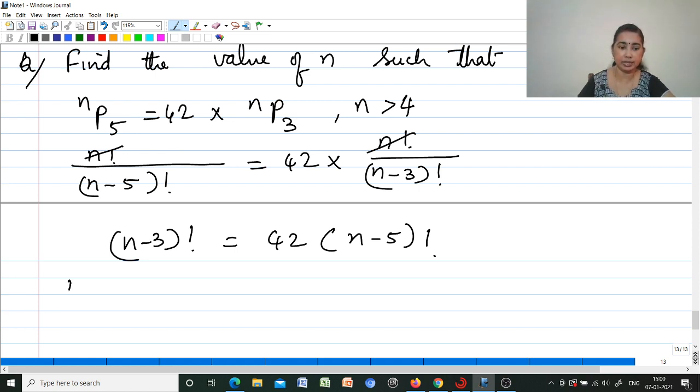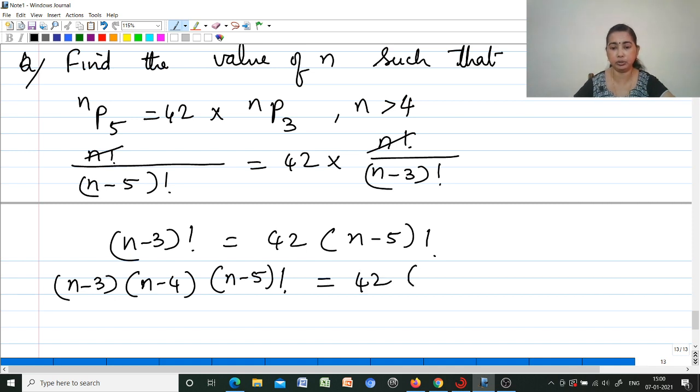So we can write this as n minus 3 into n minus 4 into n minus 5 factorial, because on this side we already have n minus 5 factorial. So this is equal to 42 into n minus 5 factorial. Now on both sides we can see that n minus 5 factorial is common, that can be cancelled.